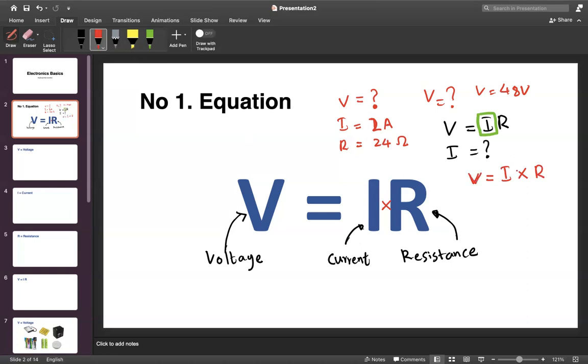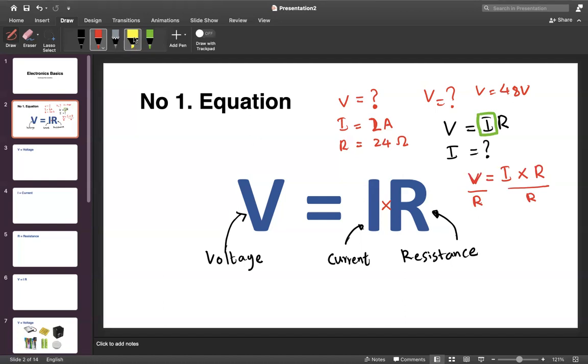So whatever I do to the right side, I have to do to the left side as well. In other words, whatever I do to the left side, I need to do to the right side as well. So since I want to find I, I'm going to divide the right side by R and the left side also by R.